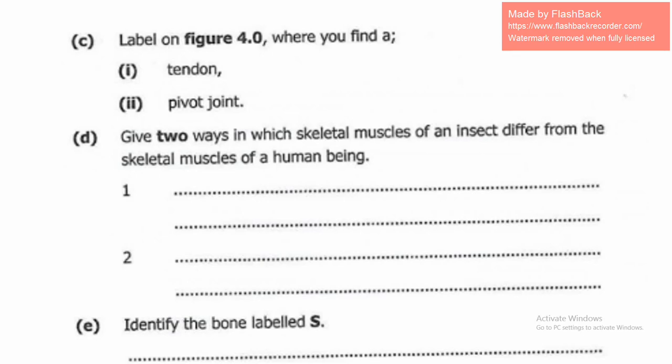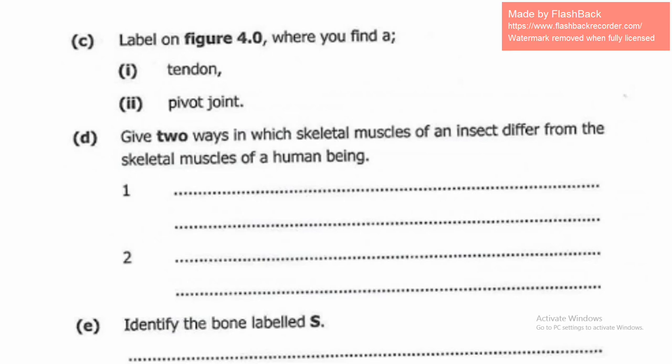A ligament is a part that connects a bone to another bone on a joint. If we're having two different bones on opposite sides, the intersection part will have what we call a ligament. So a ligament is connecting a bone to a bone.